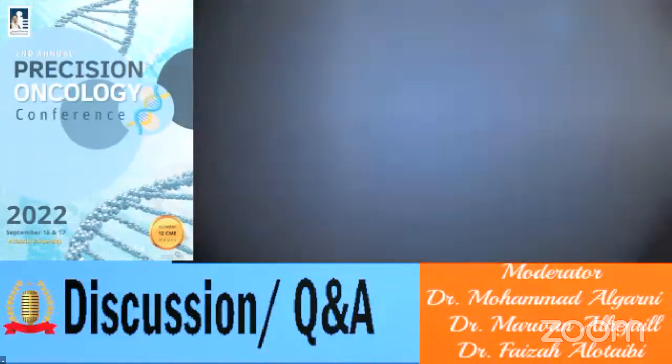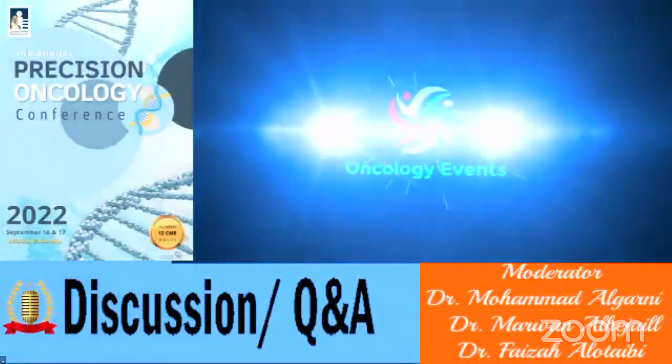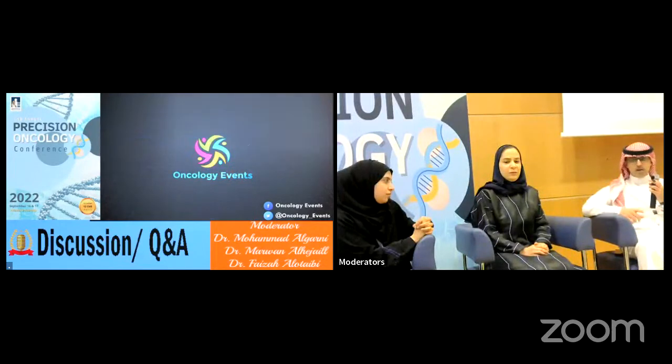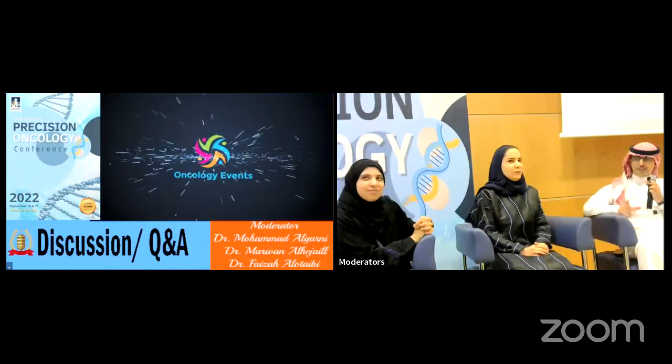The second one is to Dr. Riham. I really liked your slide about the non-concordance between MSI high and high TMB cases. There will be a debate between myself and Dr. Mirvet right at the end that talks specifically about this.